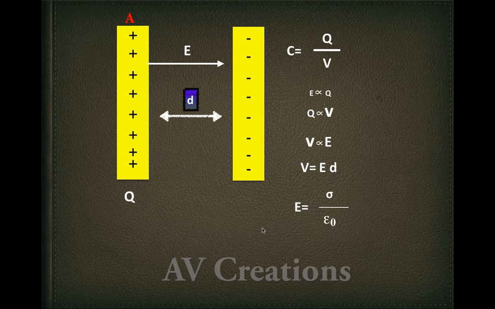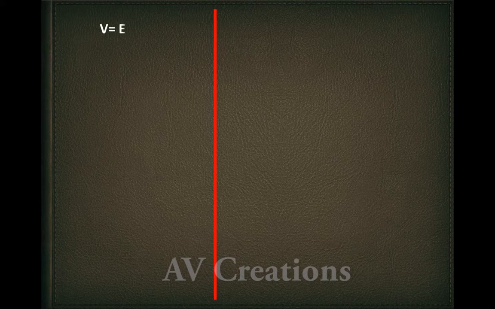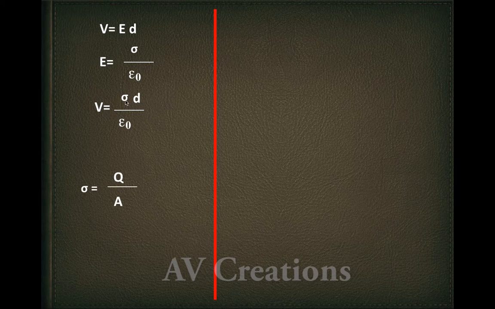From the previous section we understood that the electric field inside the capacitor is E equal to sigma by epsilon 0, and we are going to substitute the value of E here, so V equals sigma by epsilon 0 into d. What is sigma?